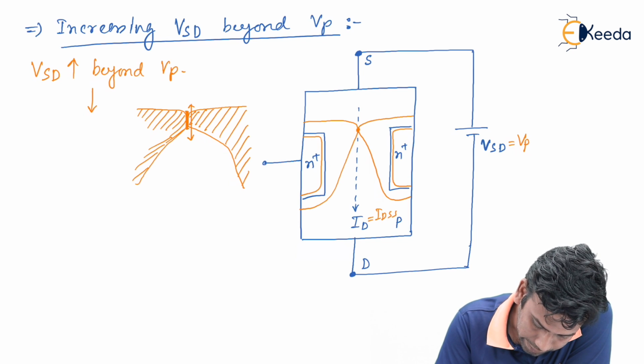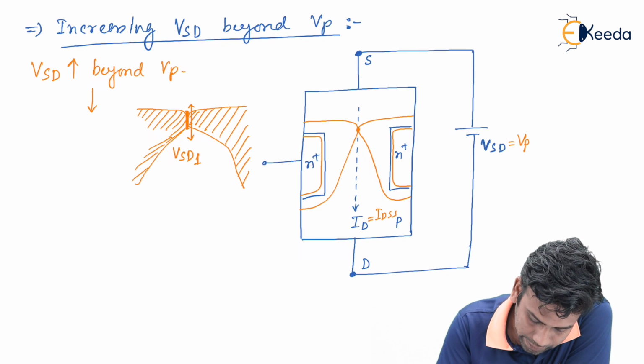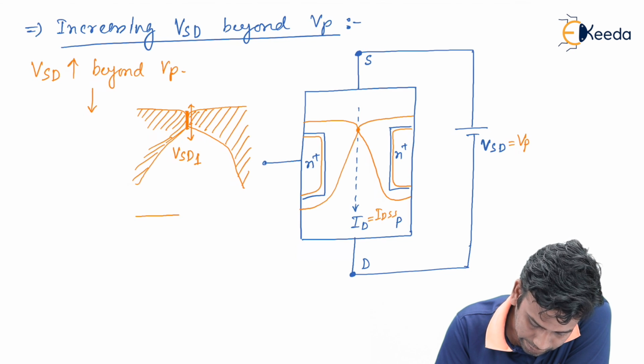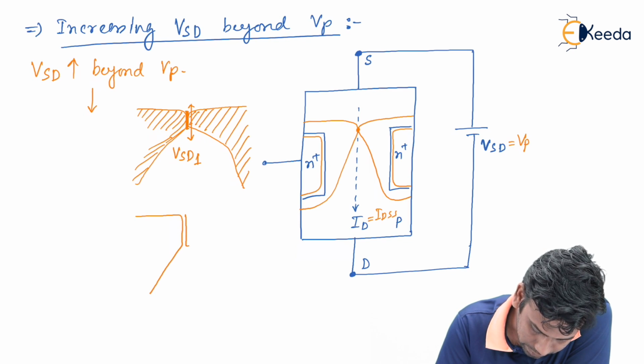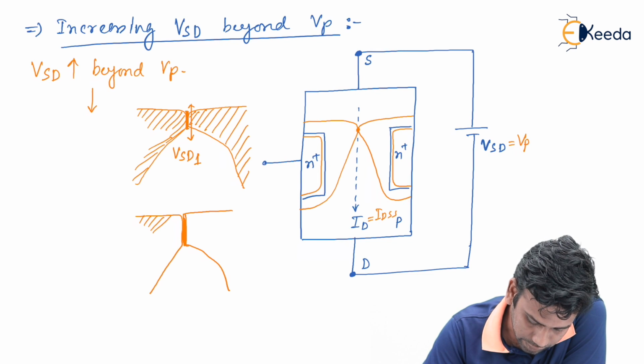So, as we increase the VSD, this touch point will be extended to some value. Suppose here we have given VSD 1 beyond the Vp, and if I increase this VSD to some higher value, then this touch point will increase further. The length of the touch point will increase further in this fashion.